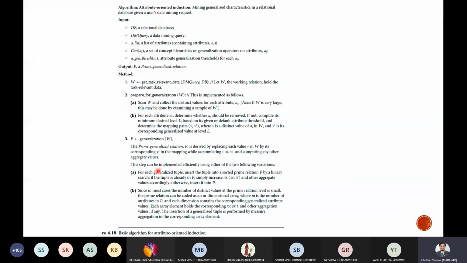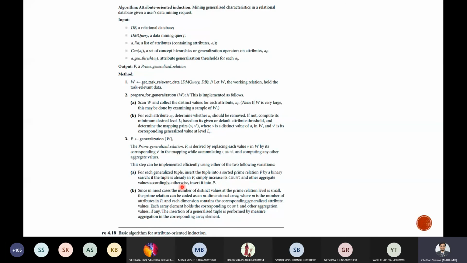There are two variations; this step 3 generalization can be performed using two variations. If variation A is used, it might take O(log P) time for the tuple insertion.